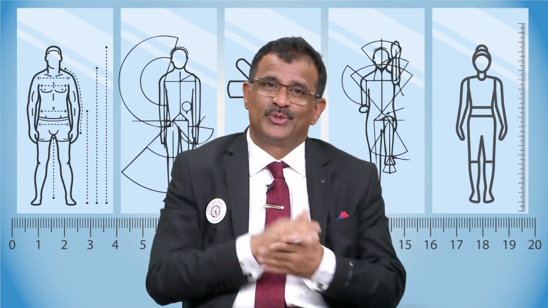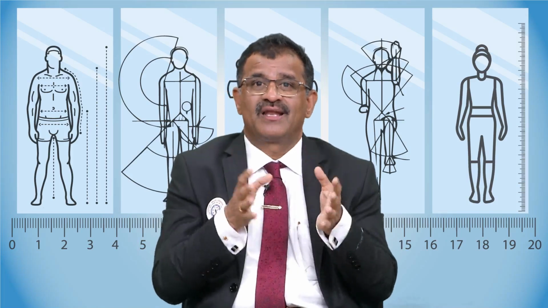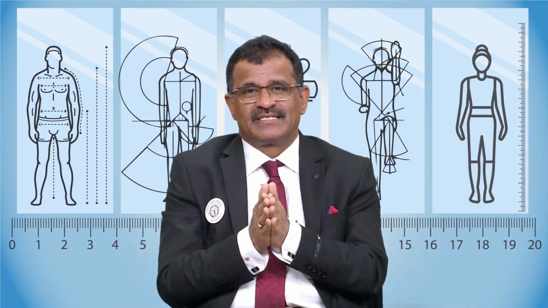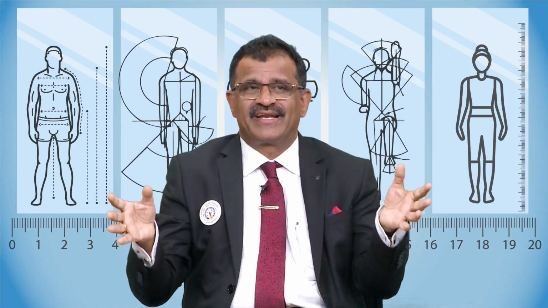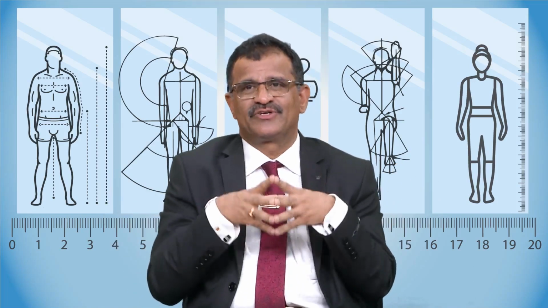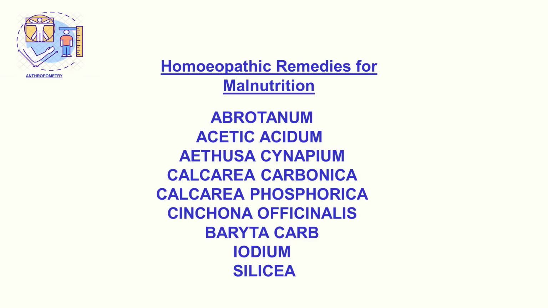Finally, I would like to tell you a few homeopathic remedies for malnutrition. You have a subject for first BHMS and that is homeopathic materia medica. So, some remedies you are already studying, you have studied, but I have shown you on the chart here in front of me. Please go through it.